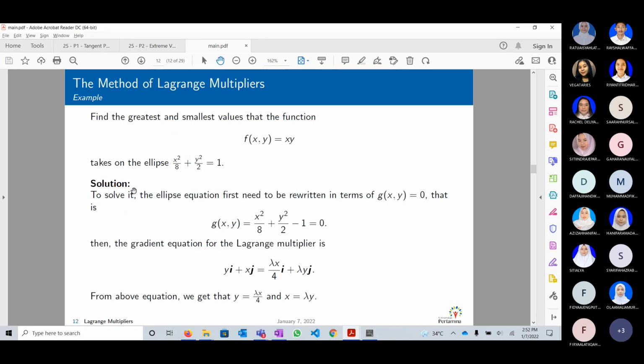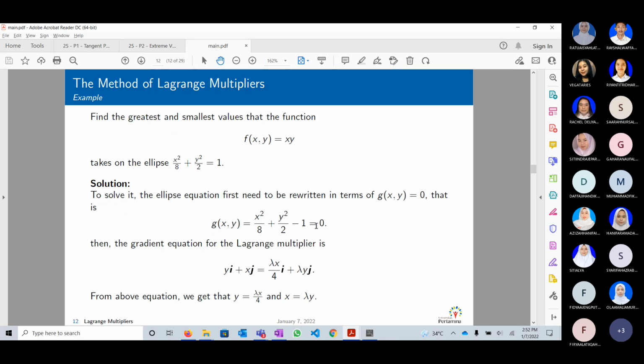Dan in this case, to solve the problem, first, we need to rewrite the ellipse equation in terms of g(x, y) equals 0. That is, g(x, y) equals x squared over 8 plus y squared over 2 minus 1 equals 0.